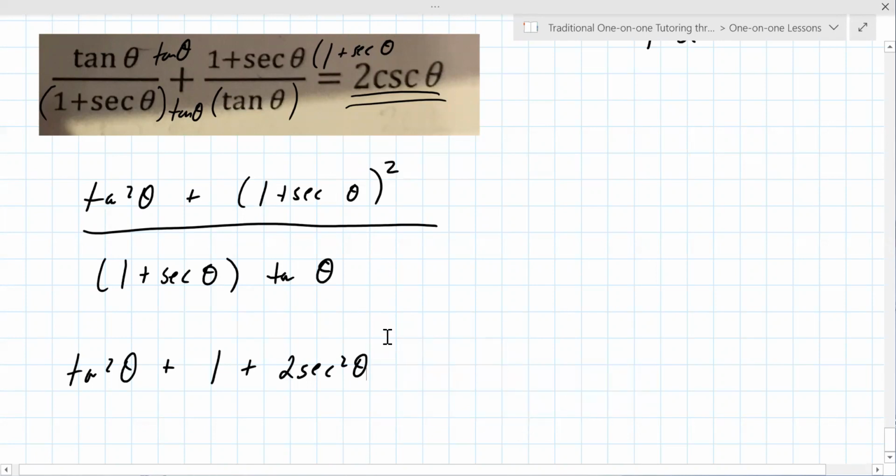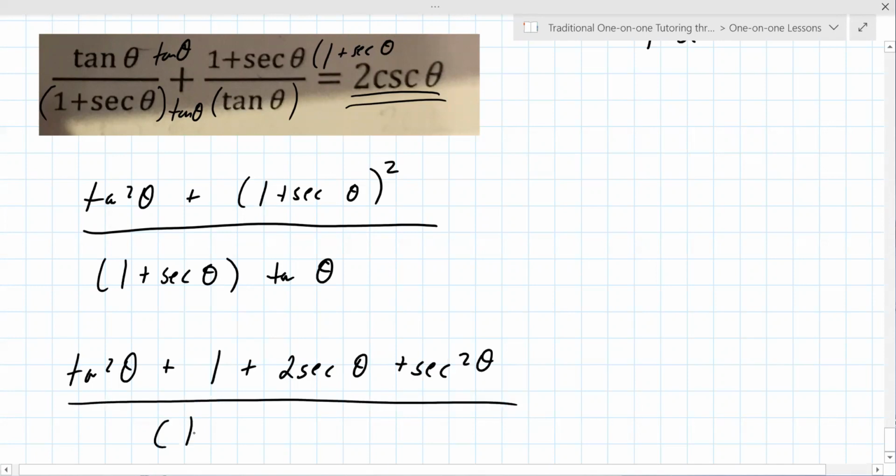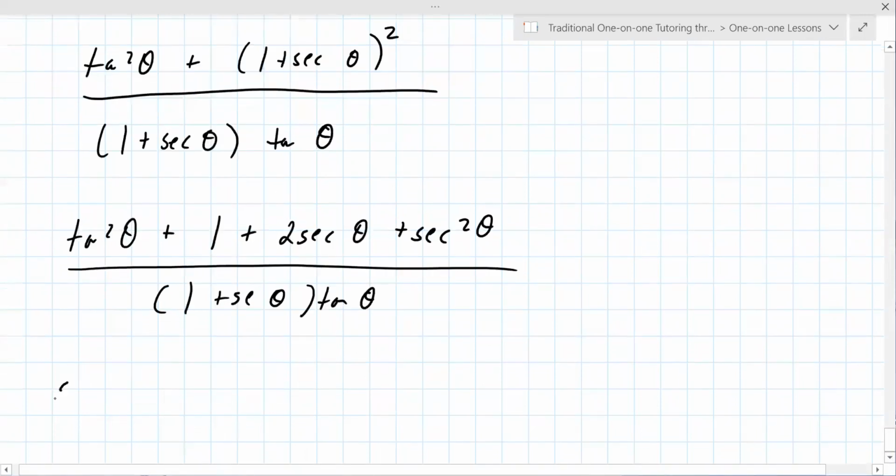So we get secant theta plus secant squared theta over 1 plus secant theta tangent theta. From the formula, tangent squared theta is secant squared theta minus 1. So the numerator is secant squared theta minus 1 plus 1 plus 2 secant theta plus secant squared theta.